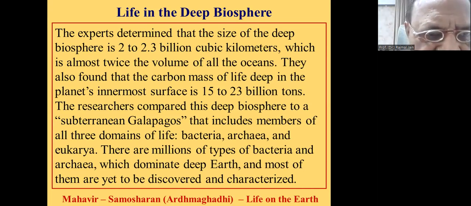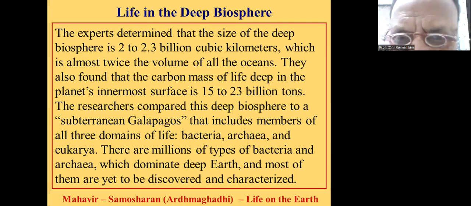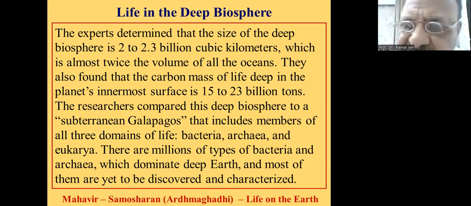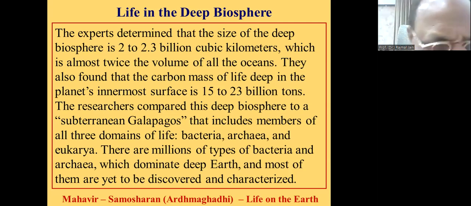Further, they also calculated that almost 15 to 23 billion tons is the biomass. The biomass I told of the life, okay? And don't get confused with the carbon mass. We will come to the carbon mass today because that is important for my presentation.